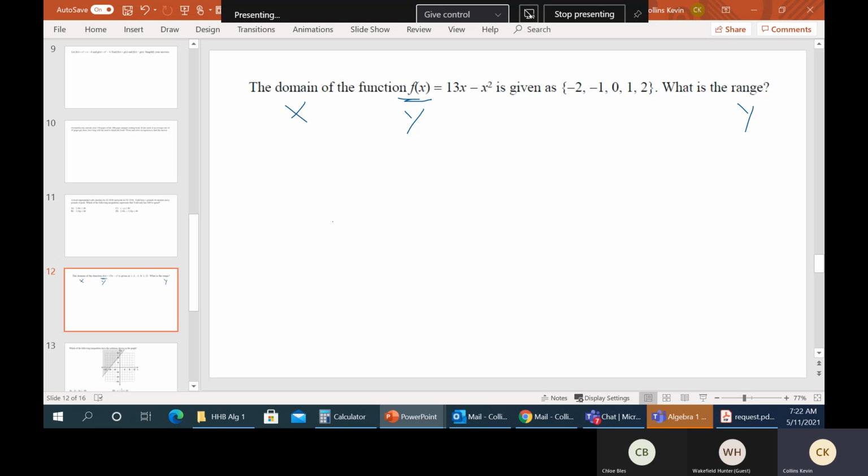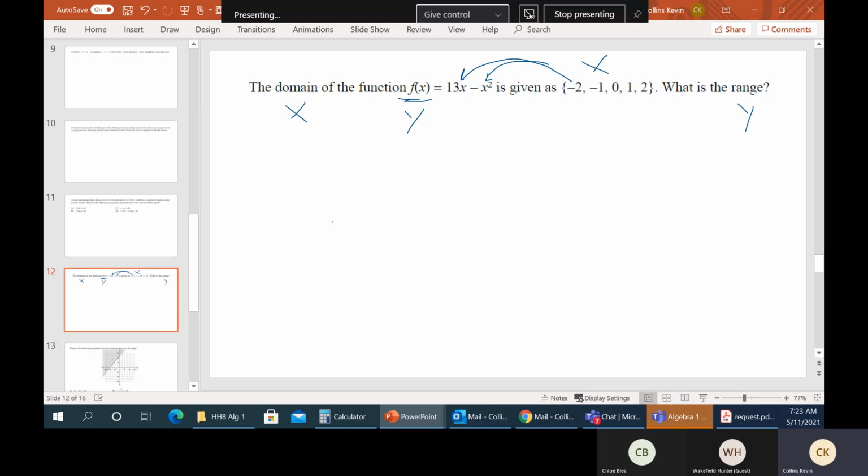Okay, so if we're looking for the range, that means we're looking for the possible y values. And we've been given the possible x values. These are x values, right? So the moral of the story is we're just going to plug each of these values in here wherever we see x, come up with a y value, and that will be part of the range.